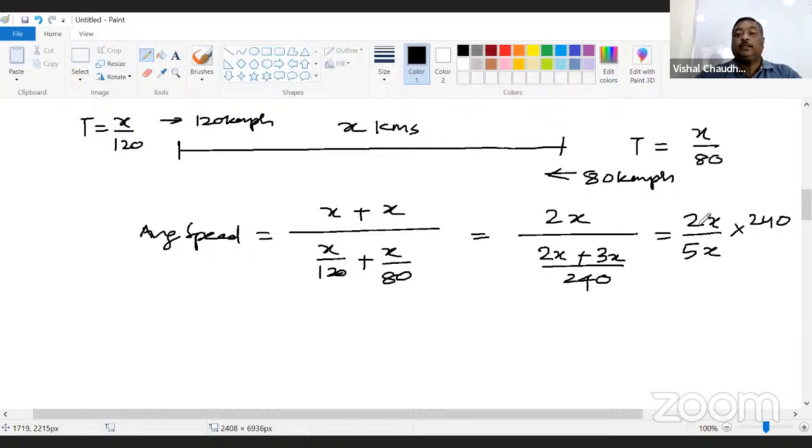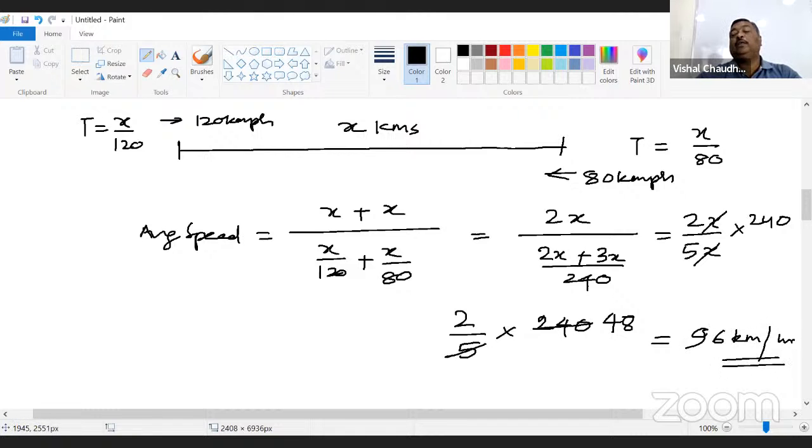So x got cancelled. 2 by 5 into 240. 5 fours are 20 and 8. So 48 twos are 96 kilometers per hour. Is it okay now? Clear, guys? So this is how your average speed question should be done.